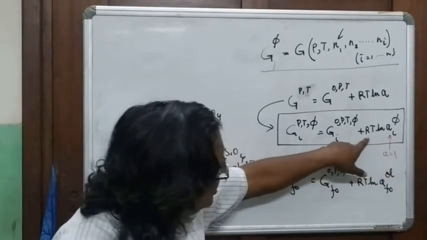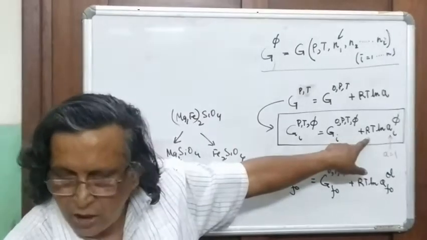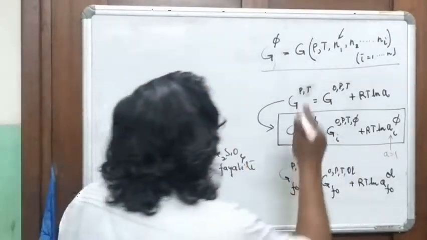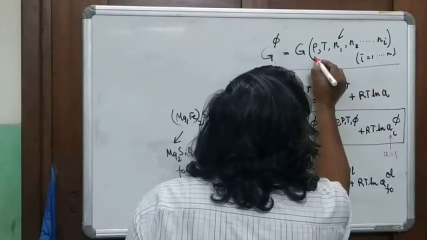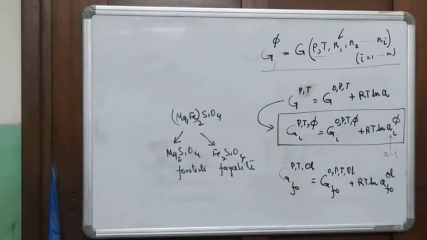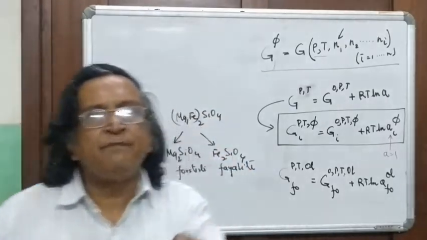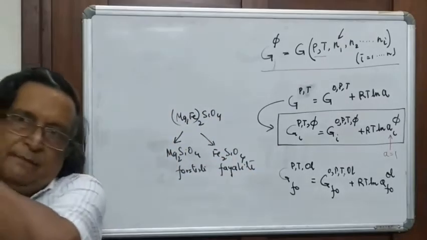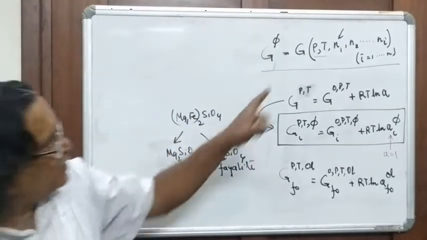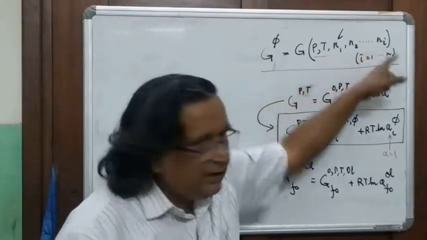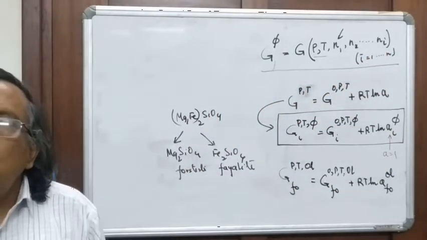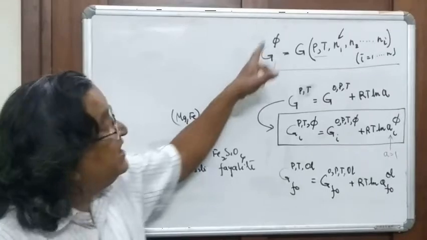So, if you take this out, then all the compositional terms go out. So what you have is only this free energy as a function of pressure and temperature, but not of the composition. But when I write it this way, it means I'm talking of a component in a solid solution.